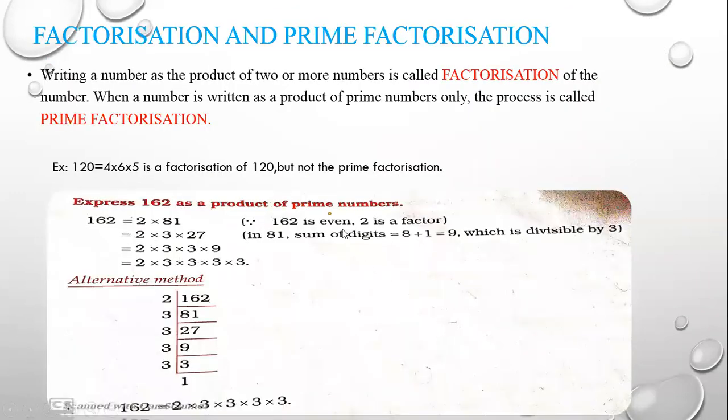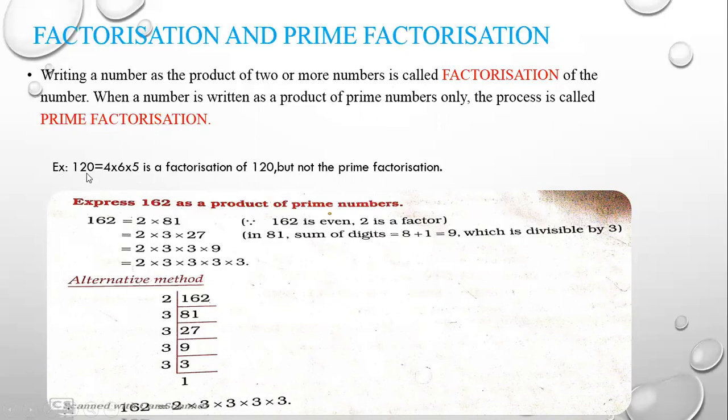Next topic is factorization and prime factorization. So let's see what factorization and prime factorization are. First of all, let us understand the meaning of factorization. Writing a number as the product of two or more numbers is called factorization. What is an example of this? See here, the number is 120.